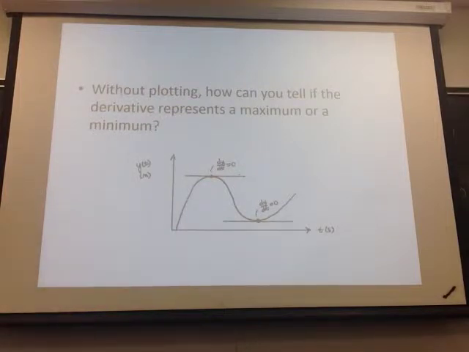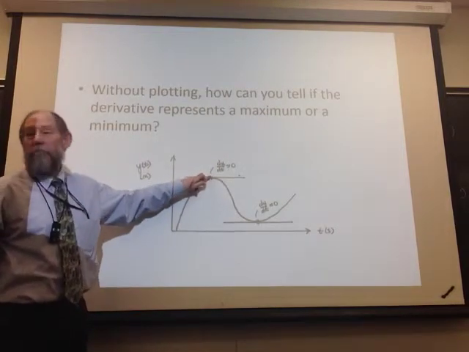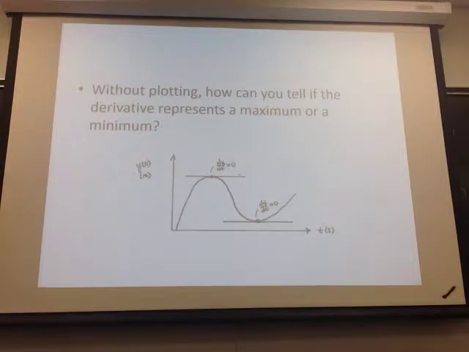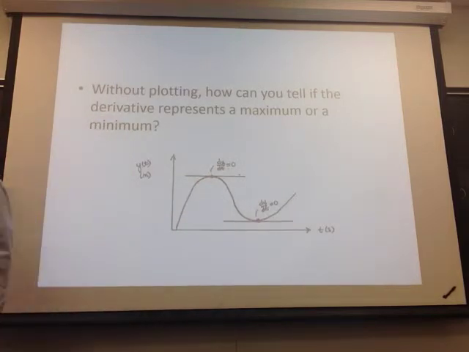If it's negative, then you've reached a maximum, and if it's positive, you've reached a minimum. So this is a maximum? So the maximum has a negative slope for the second derivative. So therefore, in this case, this is going to be a maximum, and that's going to be a minimum. Okay? Does that make sense?